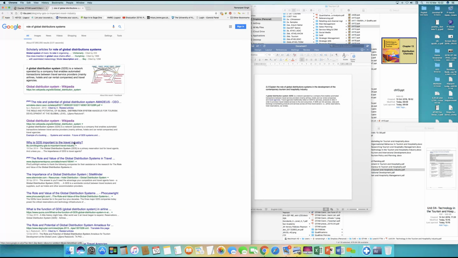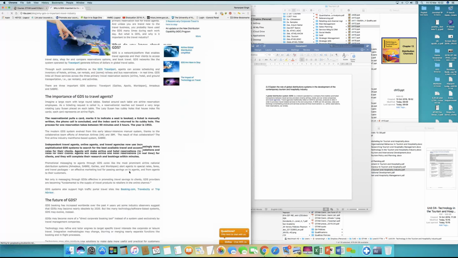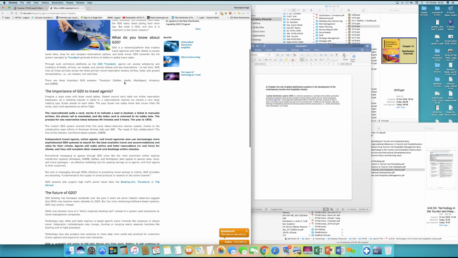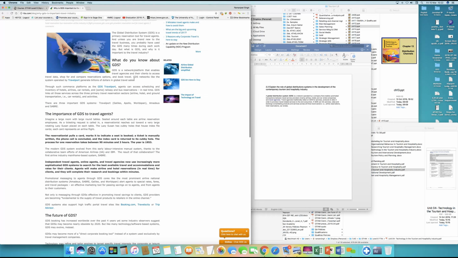Why is it important in the travel industry? I'm going to read this article, and here it will tell me basic things about why and what is the role of these systems. Systems like Galileo, Apollo, Worldspan, Amadeus, Sabre, they are all systems used within the industry. Can you see this? Yes, I can.